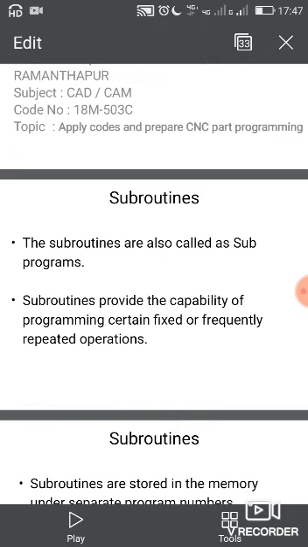When the features are repeated, the use of subroutines can significantly reduce the amount of programming on some parts, where the same lines would otherwise keep repeating. They are called up when needed in the main program.